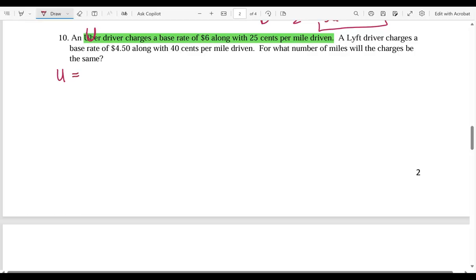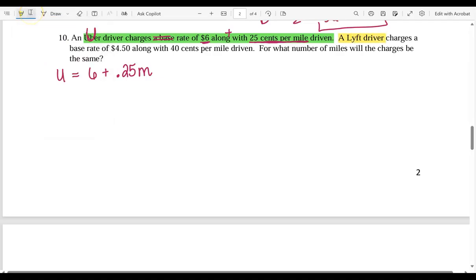Uber equals a particular charge. $6 along with is where we're going to add 25 cents per mile. 25 cents is the same thing as a decimal 0.25. And because that's based on the miles driven, I'm going to connect it to the letter M for miles.